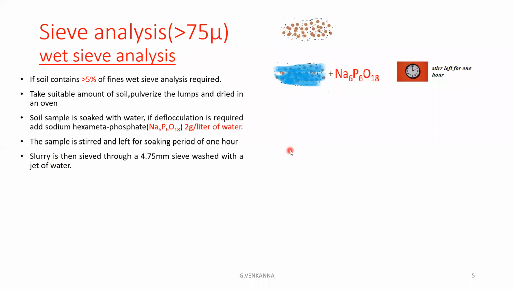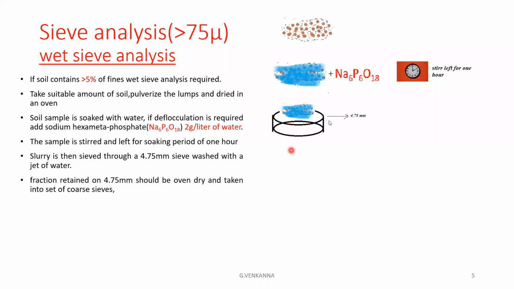Now the slurry is passed through a 4.75 mm sieve with a jet of water, and the fraction retained on the 4.75 mm sieve is taken as the gravel fraction. The process is the same as in dry sieve analysis.